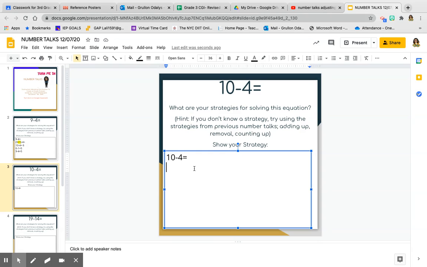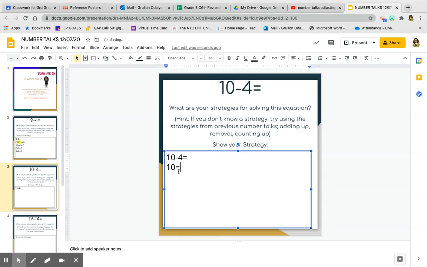But I want you guys to also practice using this strategy if it helps you out. So here I am going to turn this 4 into a friendlier number, and I'm going to think of my doubles facts. I know that 5 plus 5 equals 10. So I'm going to turn this 4 into a 5.